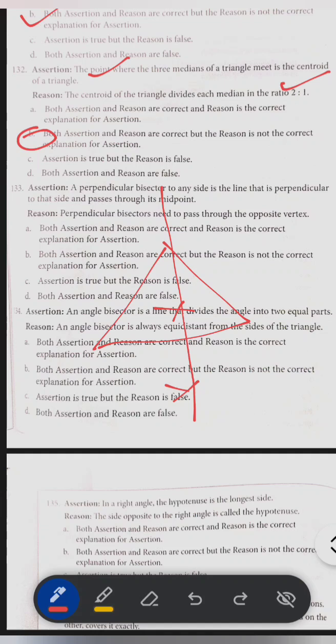That is not supposed to be. So here assertion is true but reason is false. Option C.